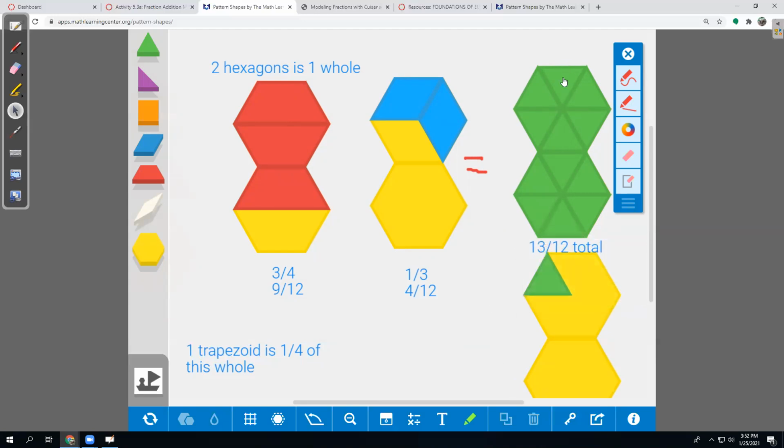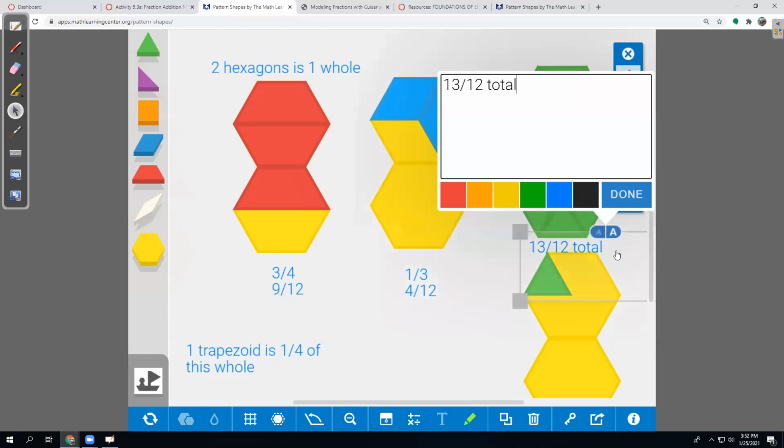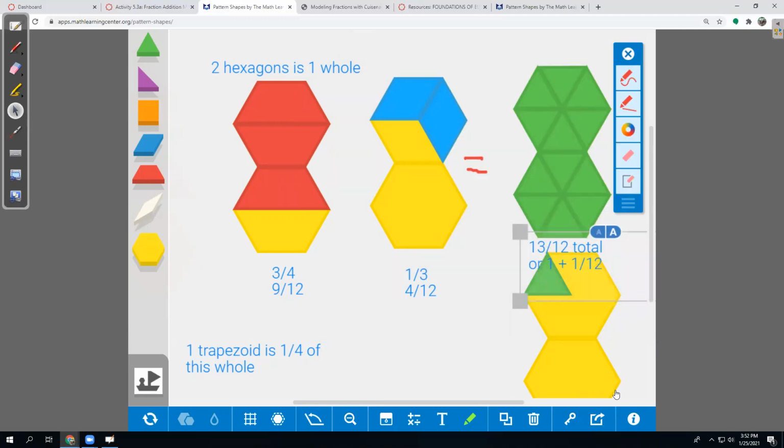And so then we can look at it, and with the kids, we can say, oh, okay, so it's either 13 twelfths or it's 1 and a 12th. So I can modify my answer a little bit there. Other things I want to do related to this, and let me snapshot that into my notes.